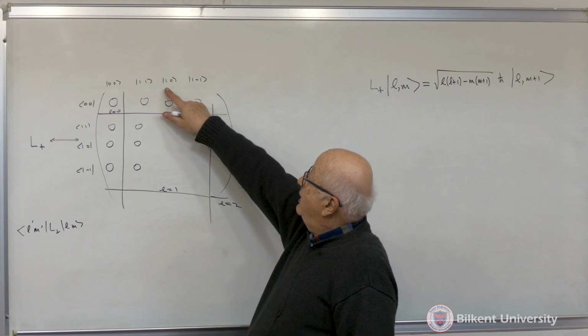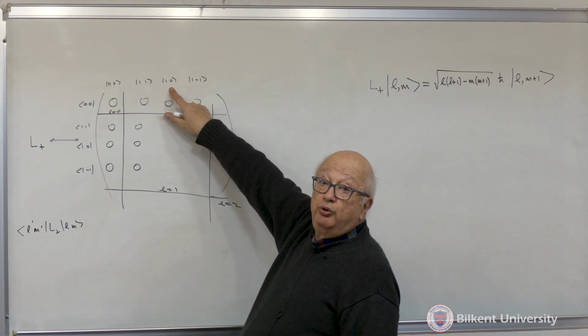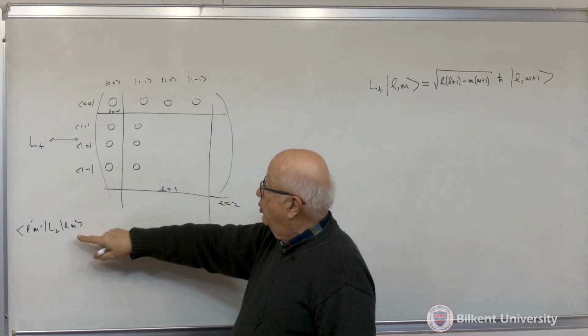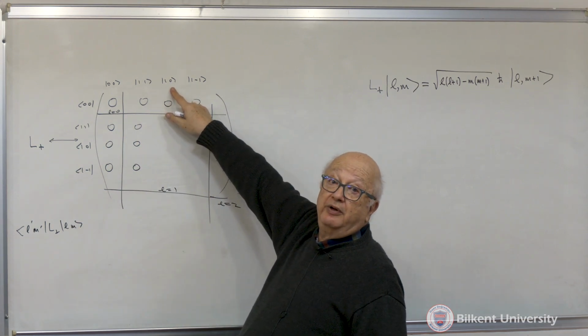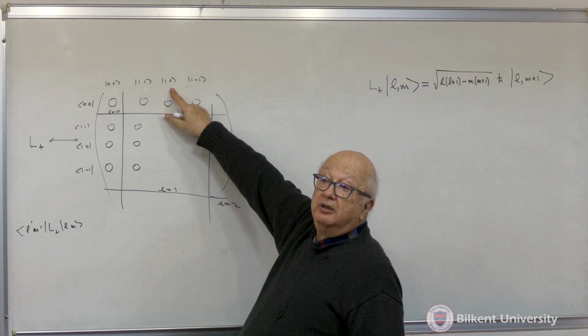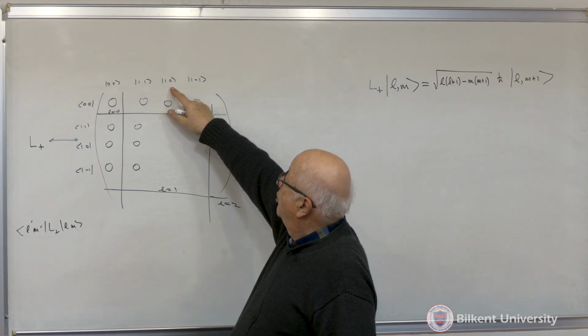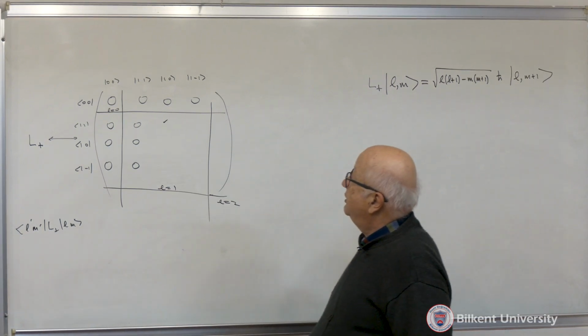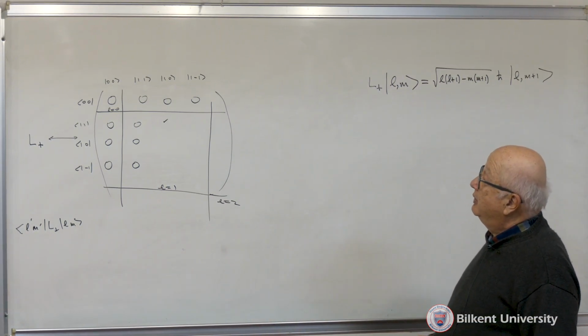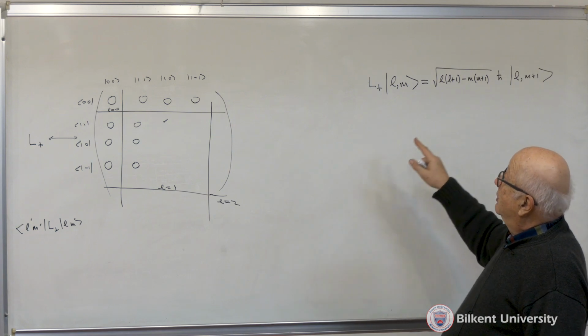So when can I get a finite term? When I hit 1, 0 with L plus. What do I have on the left-hand side? 1, 1. So it's this object here, but I have to look at what I get for the coefficient.